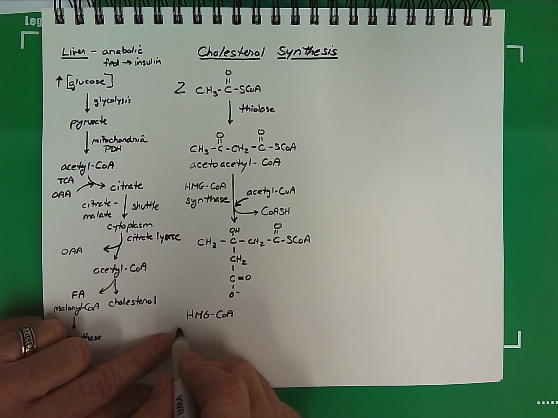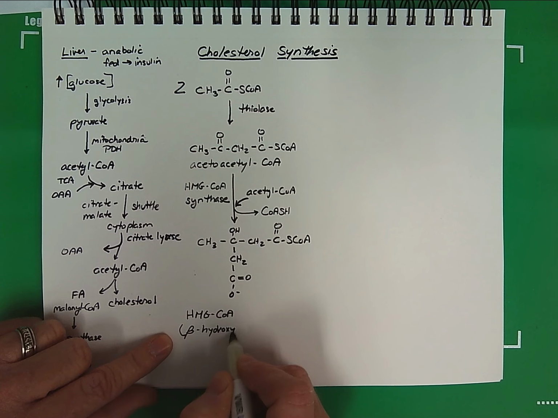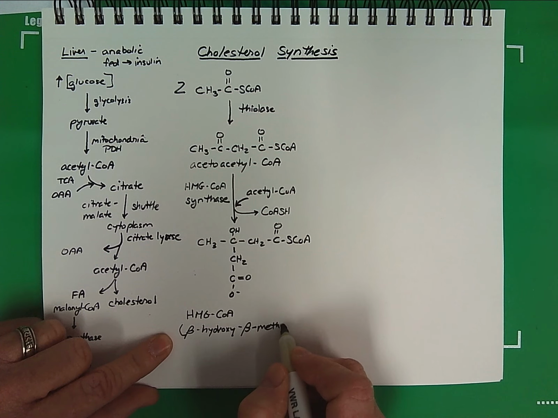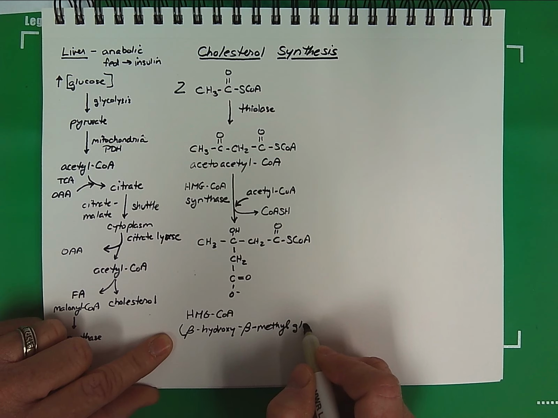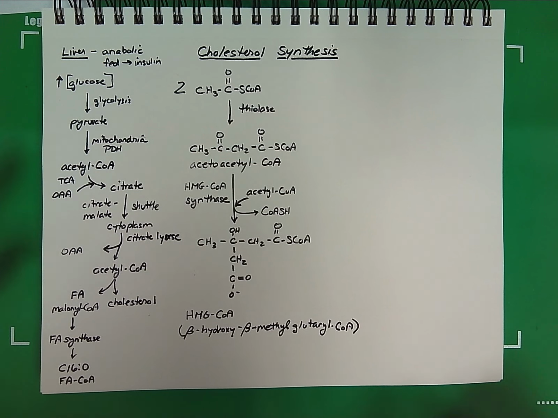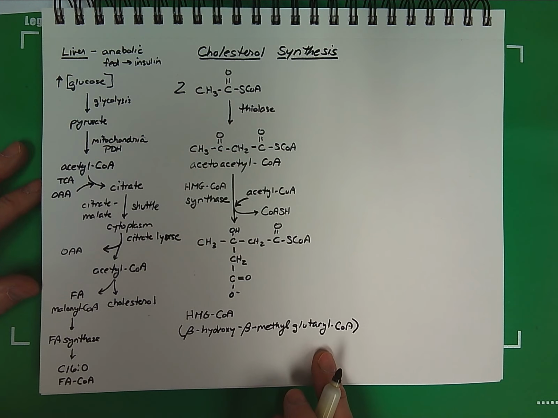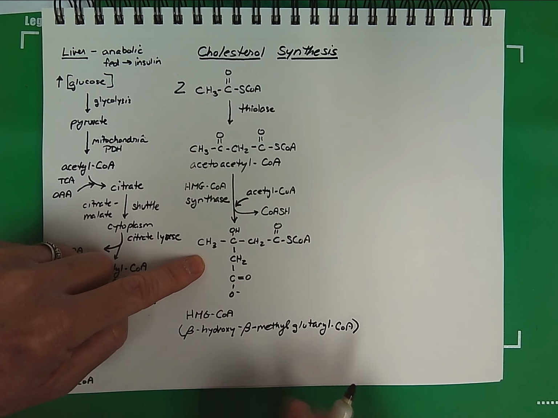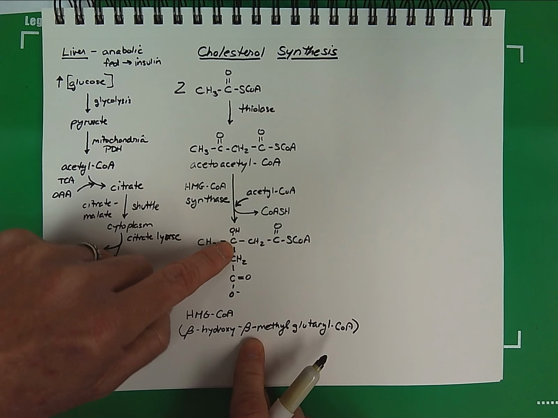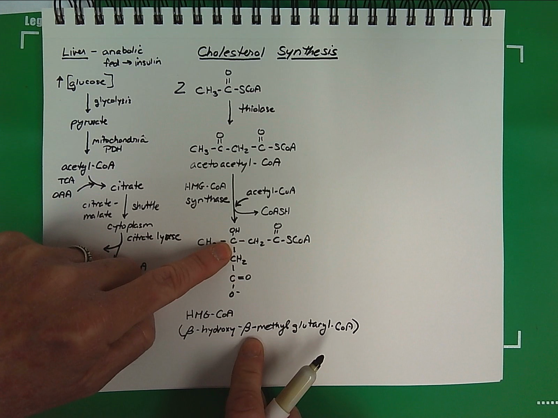What HMG stands for is beta-hydroxy, beta-methyl, glutaryl-CoA. Now where does this name come from? What we have is an example of naming our carbons as we have done with fatty acids. This particular carbon is the beta carbon.